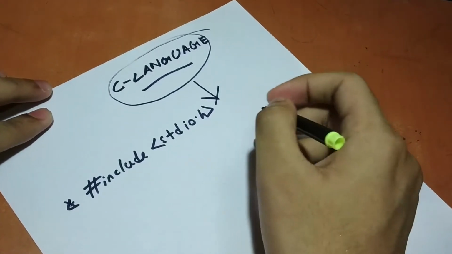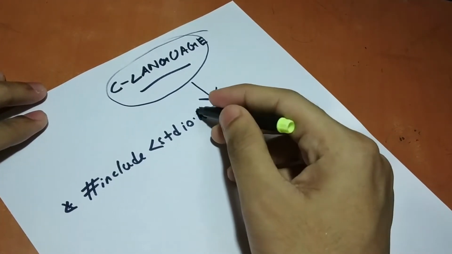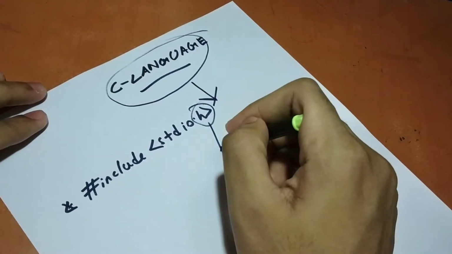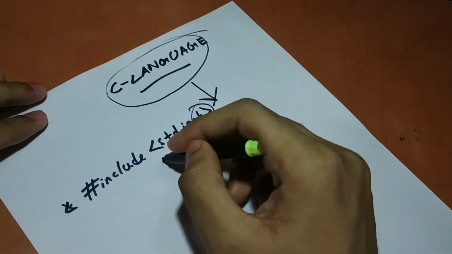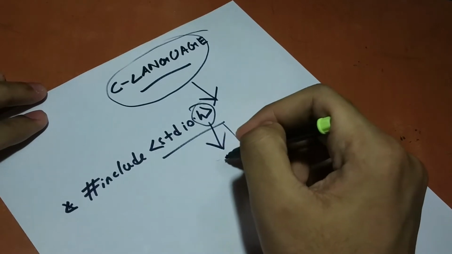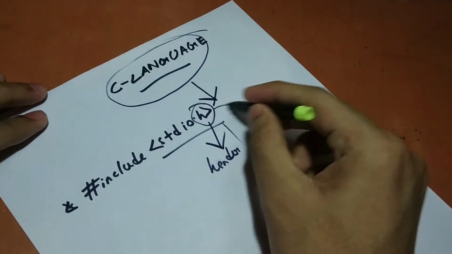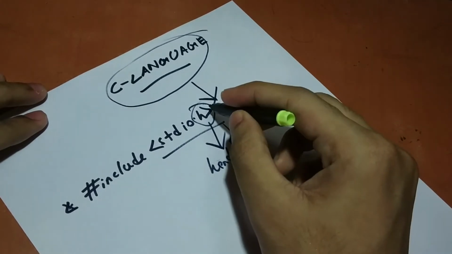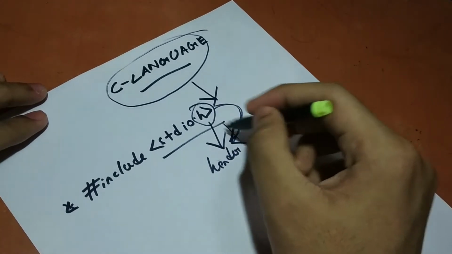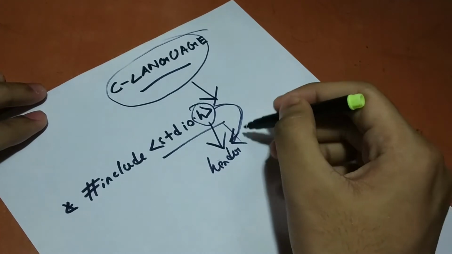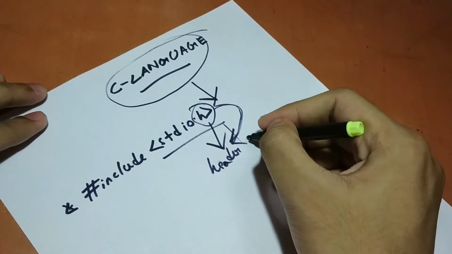Now what is this thing? This whole thing is known as a header file. The .h denotes that this thing is a header file.